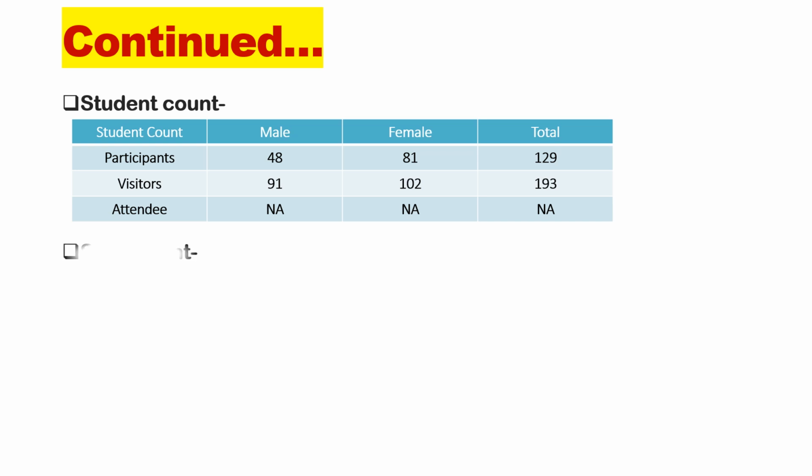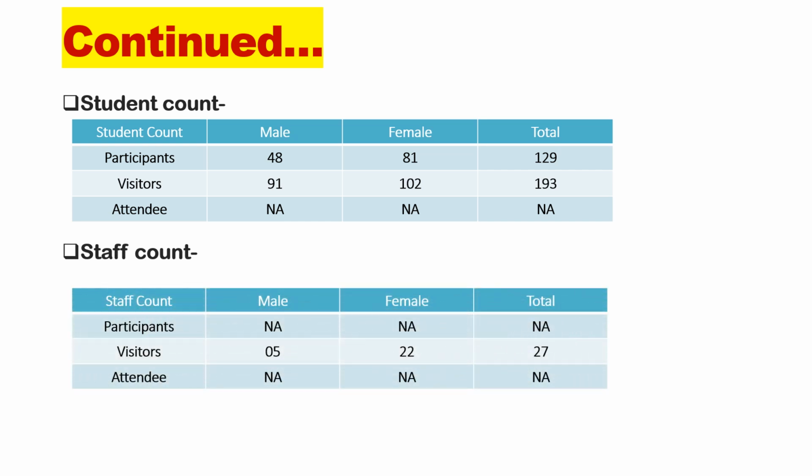Like this, you need to mention the staff count as well. Under staff, I will use only the visitors row because staff have visited this poster presentation competition. So under participant and attendee, I have to write NA, not applicable.